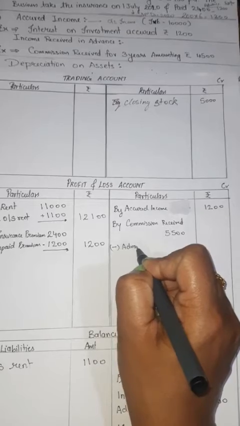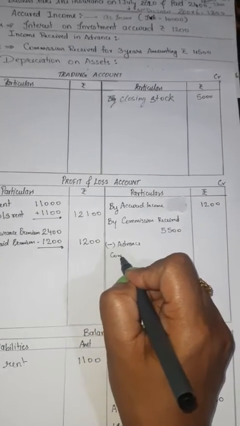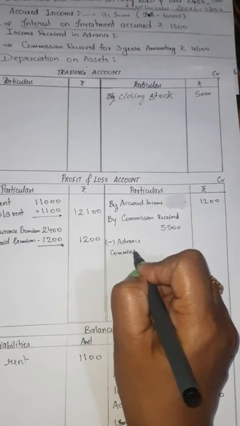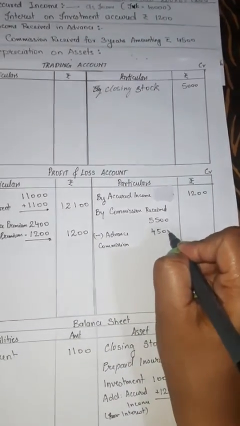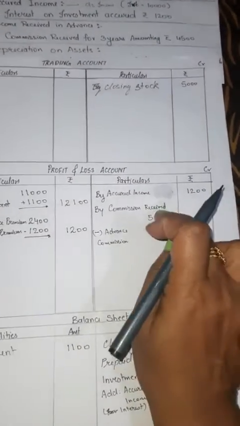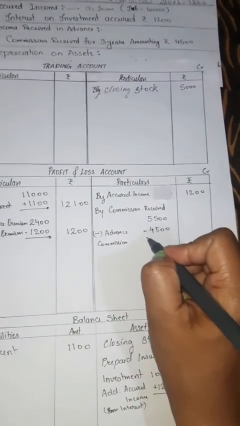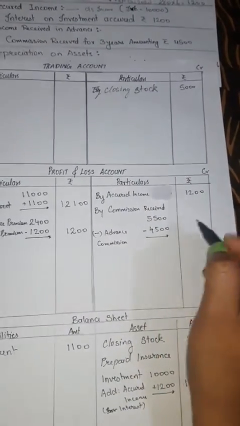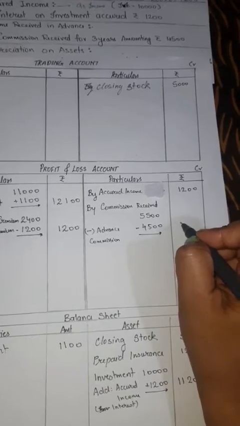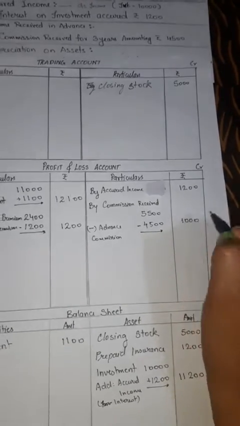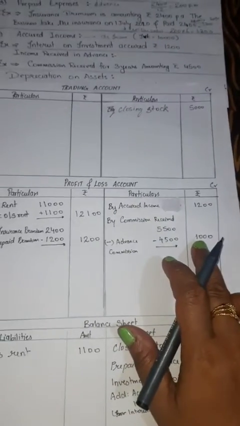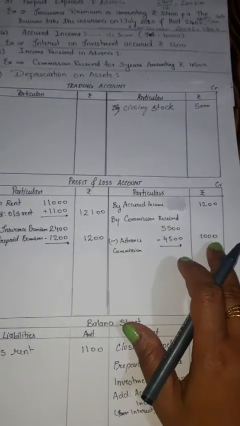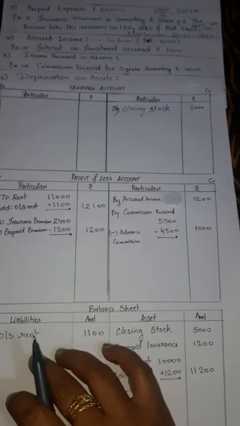There is an advance commission. So advance commission will be called back at any moment. So what you will do? You have to find out the exact amount which we are supposed to take for this financial year. So I got that amount. It is 1,000.